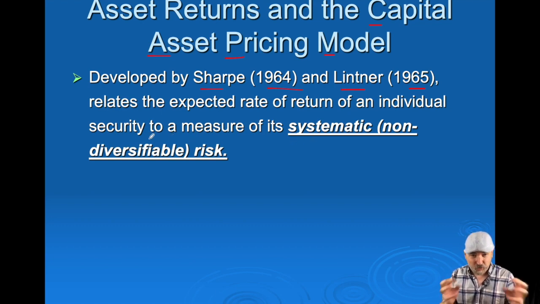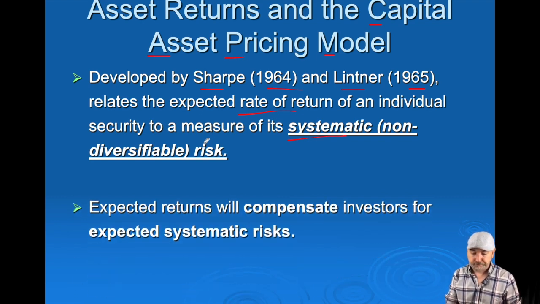The core essential idea that we're going to be extracting here is that the rate of return that's expected to be earned on a given asset, so when you buy an asset, what's the expectation of how that capital level is going to change from one period to the next, is going to be related to its level of systematic risk, which is going to be defined in a very particular way.